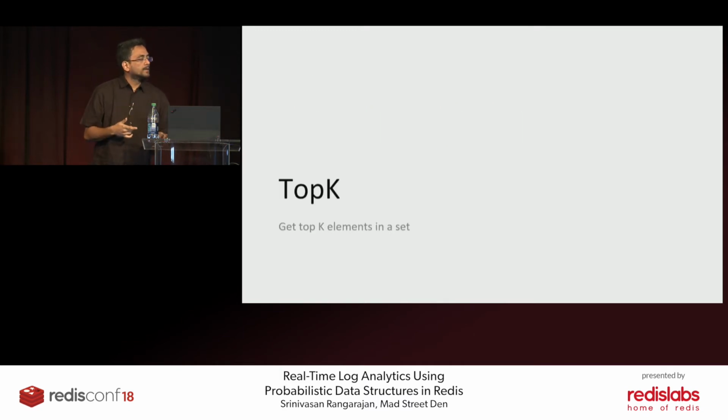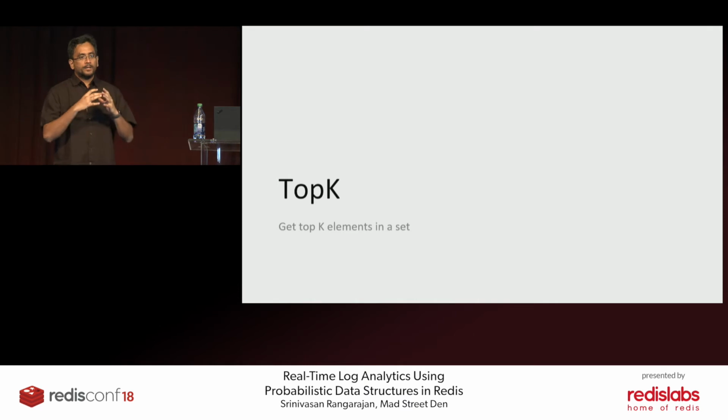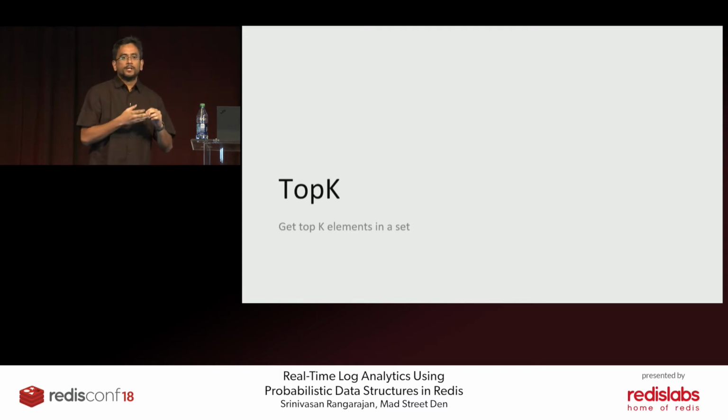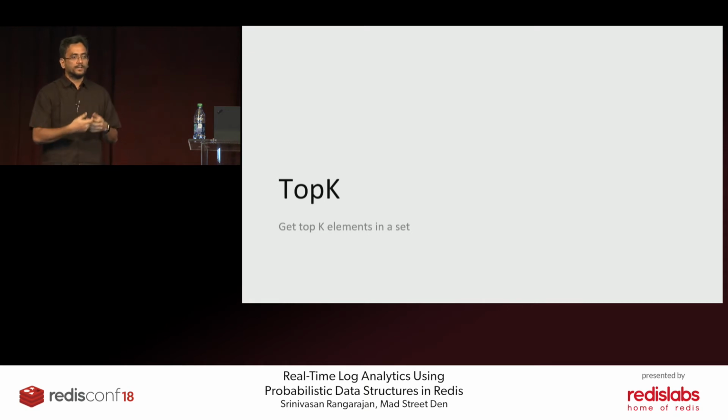So the next data structure is top K. Top K is basically, if you want to get the top K elements in a set, you can use a top K. The usual way you would try to do it, if you didn't have the specific top K implementation, is you would have a sorted set of all possible items, and you would get the 0 to kth element and return that back, right?